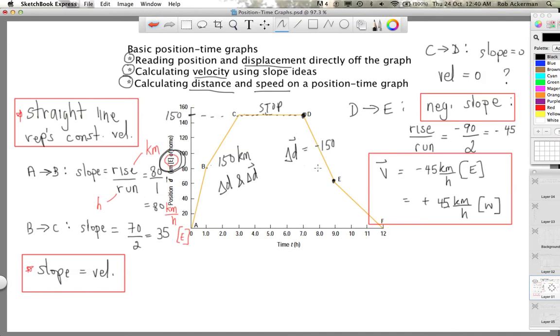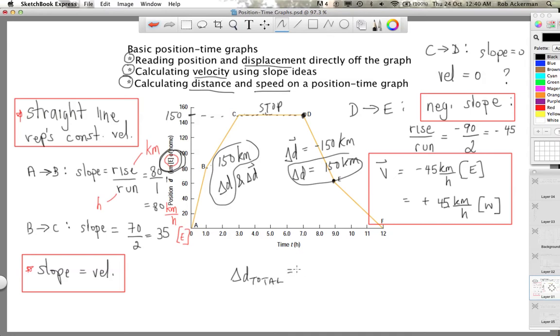You have returned home. But remember, distance keeps adding up. There's no such thing as negative distance. So actually here, we just tack on to the distance that we had here. And in the end, the total distance, we just add up everything.